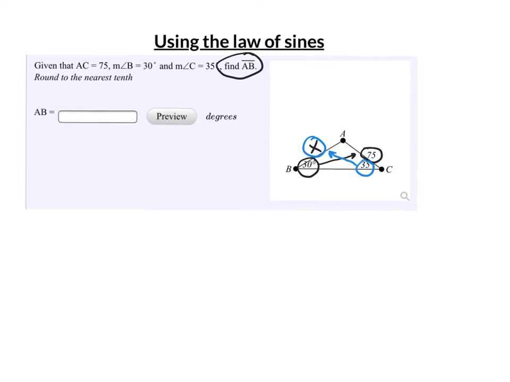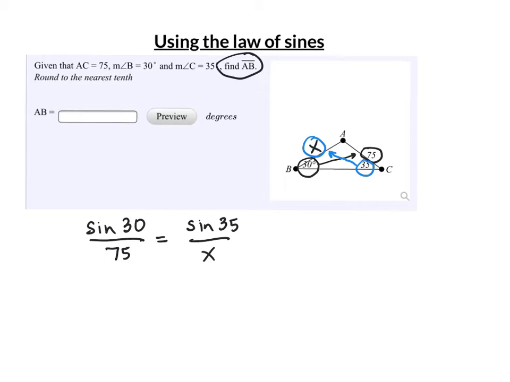So here we'll say that the sine of 30 degrees over 75 equals the sine of 35 degrees over its opposite x. Make sure everything's in degrees.